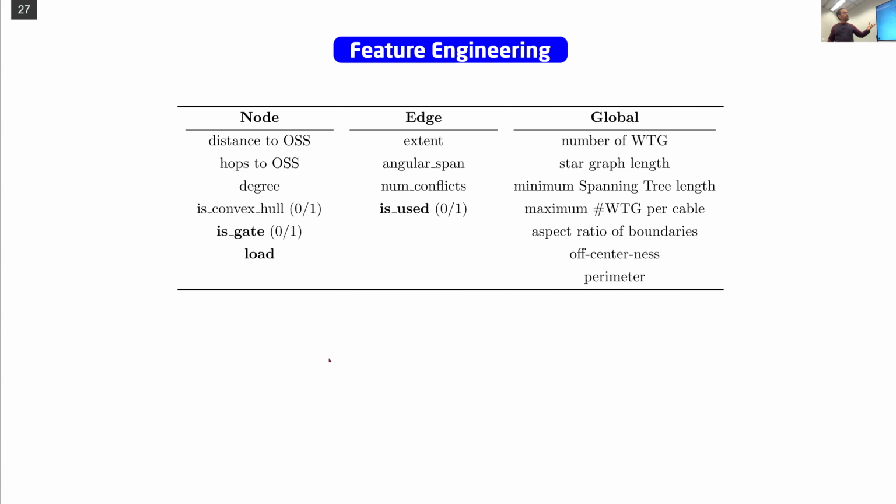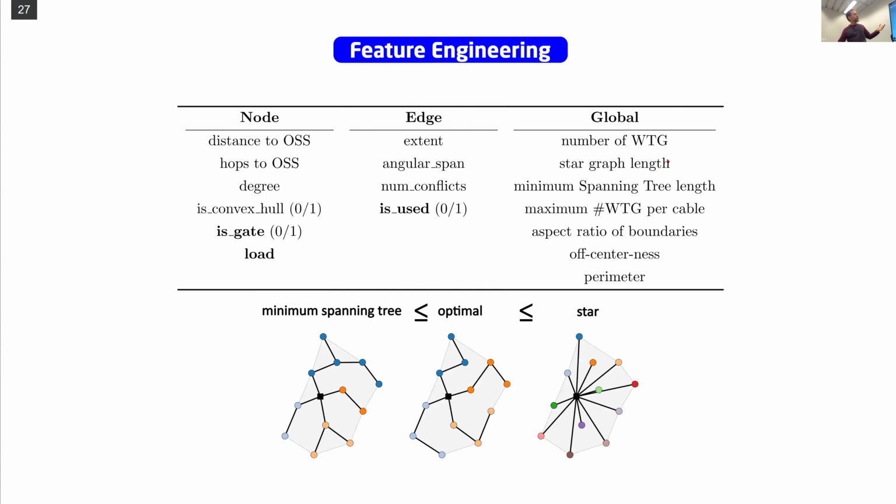And then in a global context, the number of turbines and those two numbers are actually some boundaries for the total length. One easy problem to solve is the minimum spanning tree, which is equivalent to connecting every node together without caring for cable capacity.